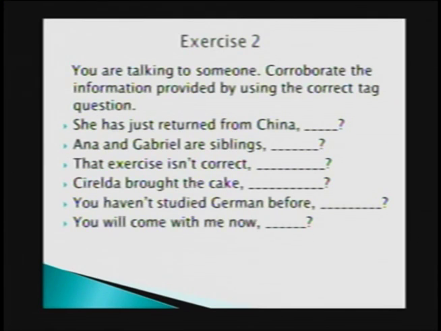So just be careful with the use of auxiliary verbs. That tag question is very useful in English. So I will give you some seconds, and you can copy them and do the exercise. So take your time.